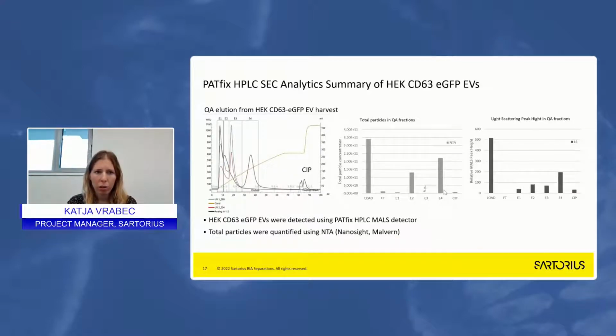What other data can we extract from size exclusion chromatography? In this slide, we compared light scattering analysis from the PATfix SEC assay to total protein and total particle analysis using NTA.